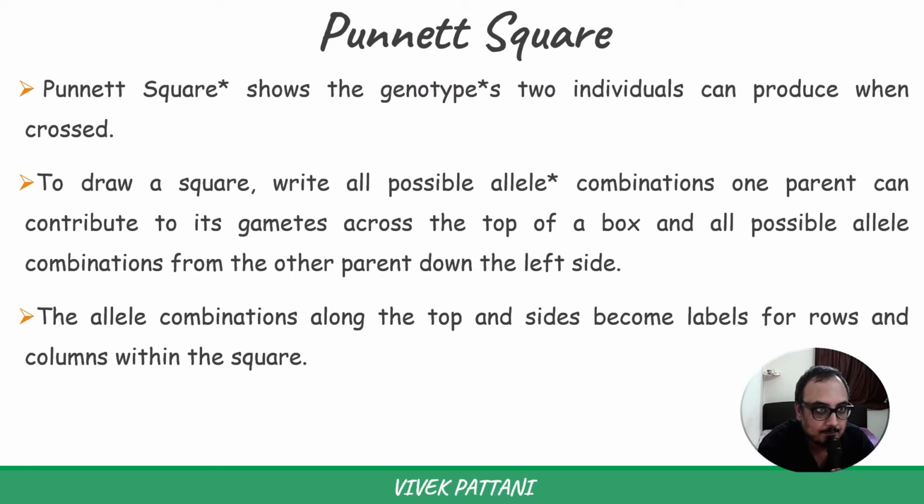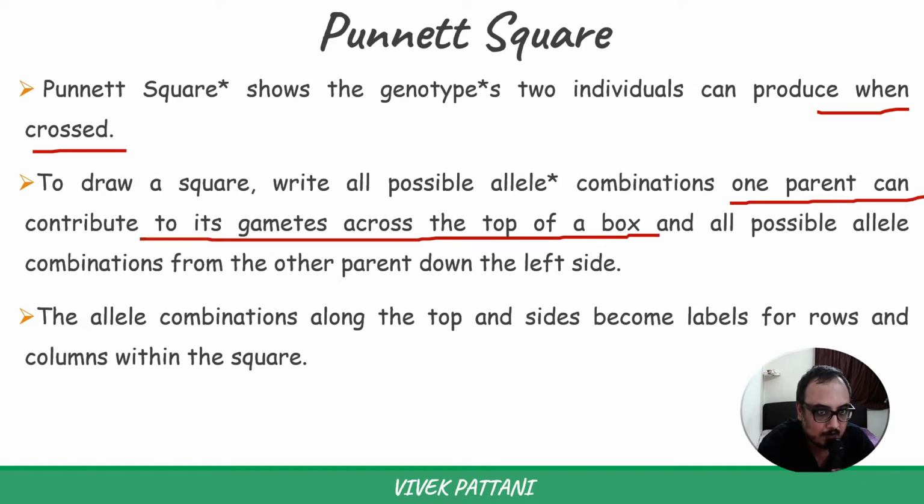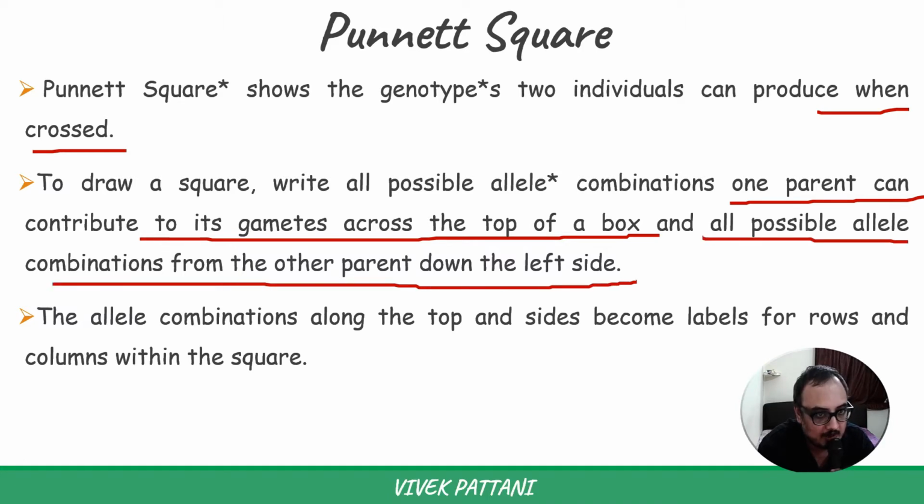The Punnett square shows the complete genotypes that two individuals can produce when they are crossed. To draw a square, write all the possible allele combinations one parent can contribute to its gametes across the top of a box, and all possible allele combinations from the other parent down the left side.